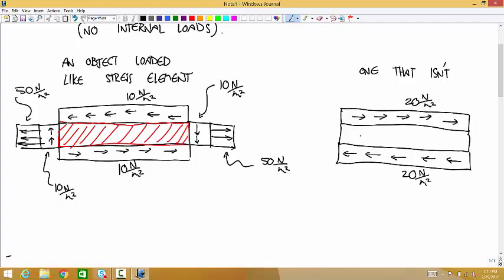This object could perfectly well be in equilibrium, and you have a 20 going to the right on the top, a 20 going to the left on the bottom. But this one, we can't just go directly from this to the stress because this is missing the distributed loads here and here that would make this an allowable shear pattern for a stress element. Okay, so this we can calculate, this we can't yet.